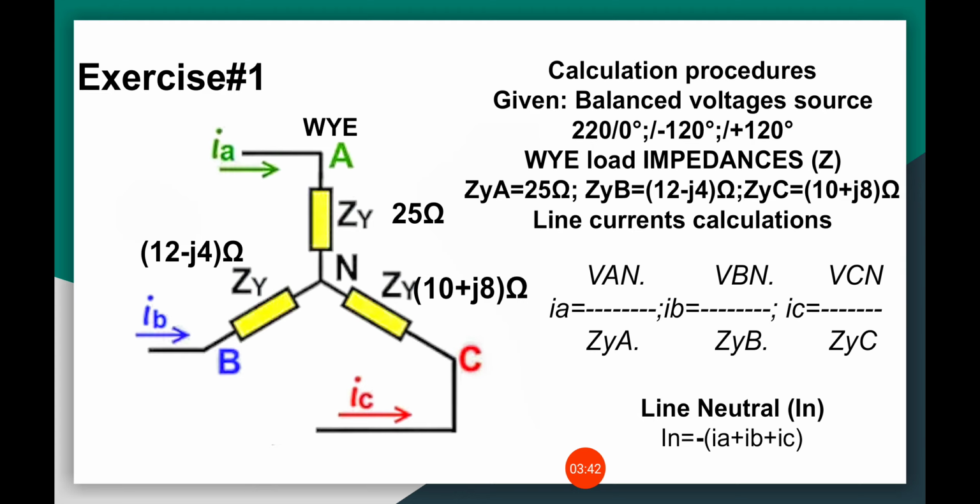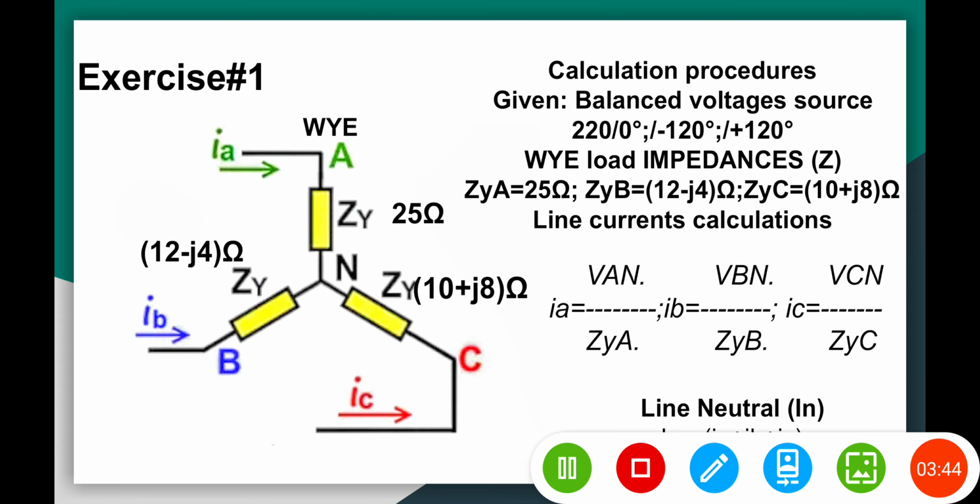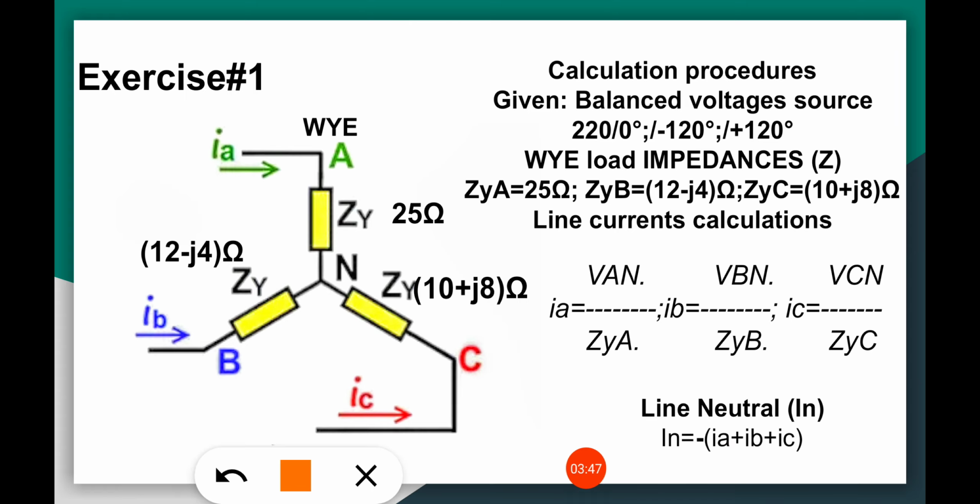Now for the Y load impedances, they are also not the same in values. We have ZYA, which is 25 ohms, a pure resistive load.